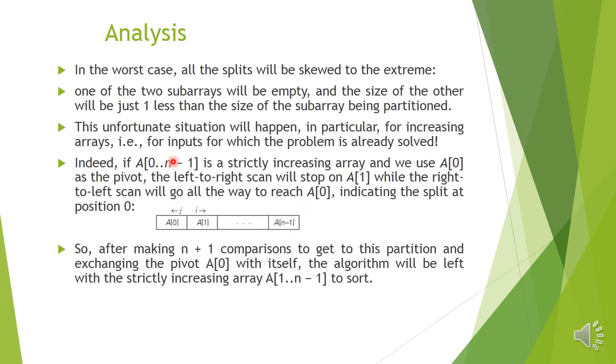Then the array is split so that only one element is in one subarray and all the remaining elements are in the right subarray. The recursive tree will be skewed to one extreme end, on the right-hand side or sometimes the left-hand side. For this type of input, we have to calculate the worst case analysis.